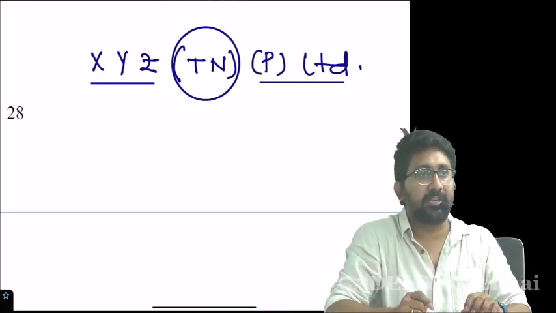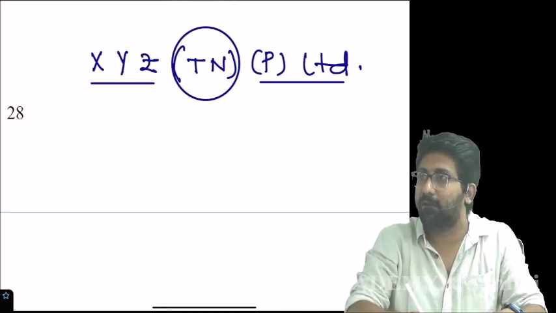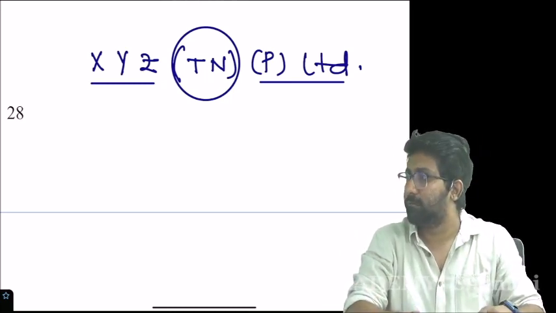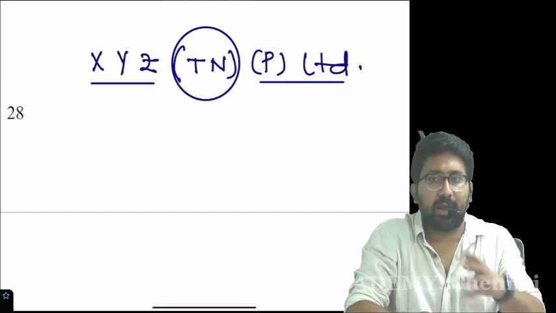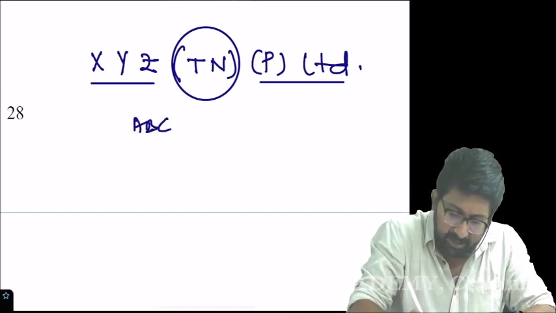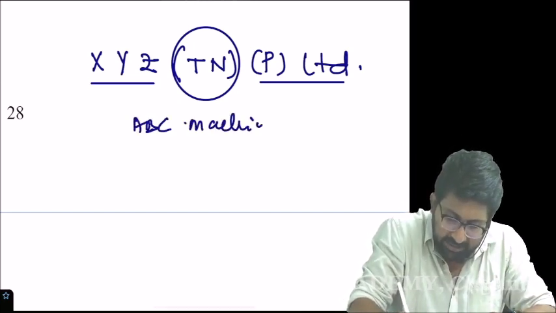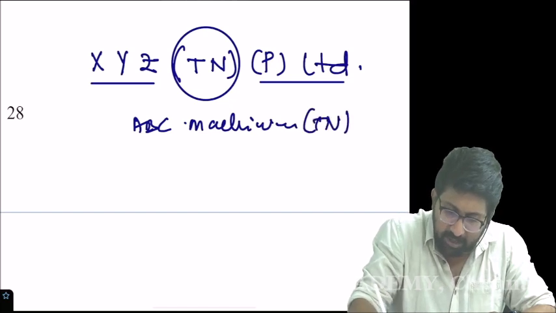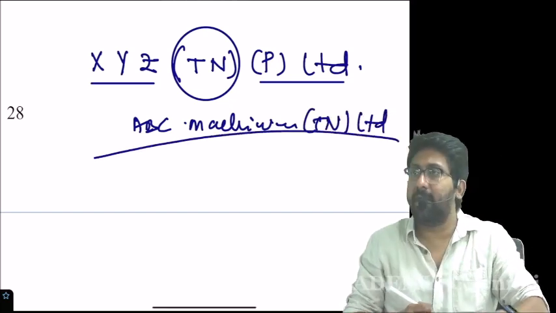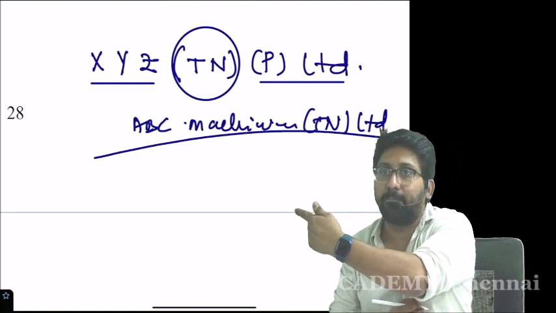Sir, if any person uses the word, so for example, a company is there, ABC Machineries TN Limited. If I write like this, maybe they will feel that this is a government aided company.